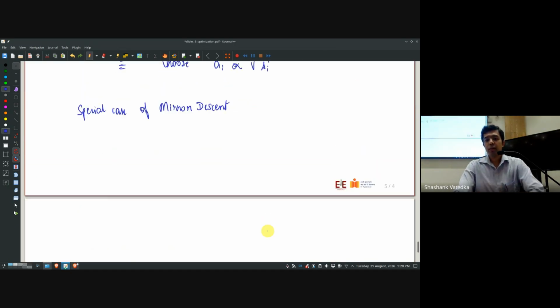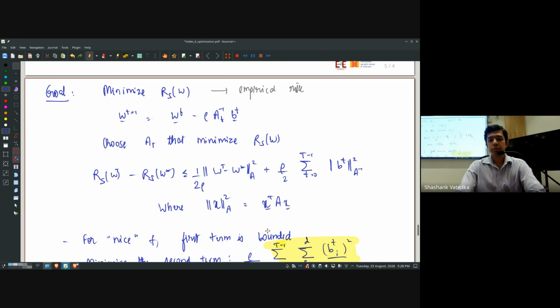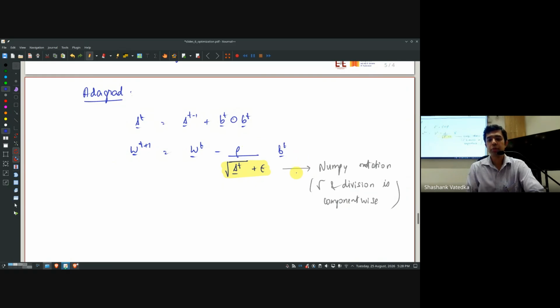But one of the main problems with the Adagrad algorithm, you can see it from this particular step. What are you doing in every step over here? You're accumulating energy.